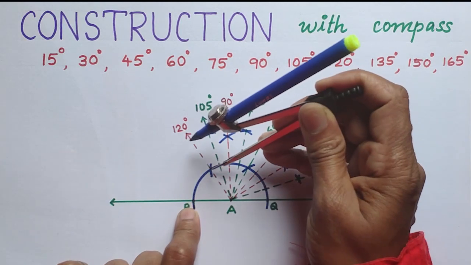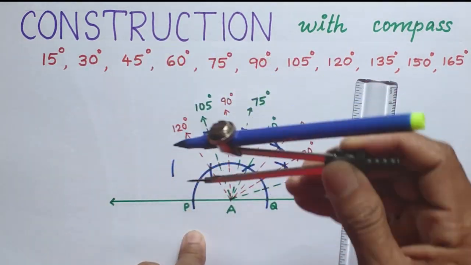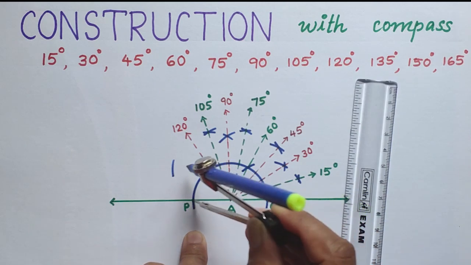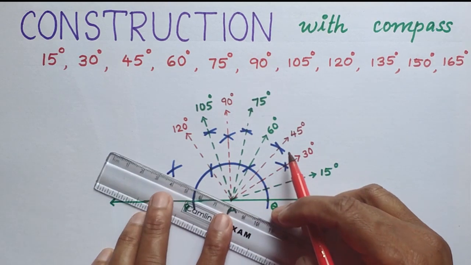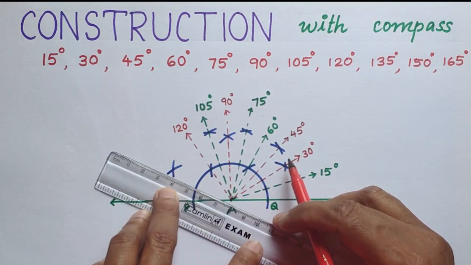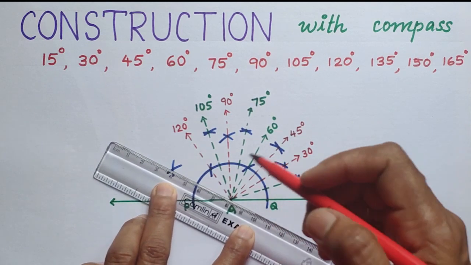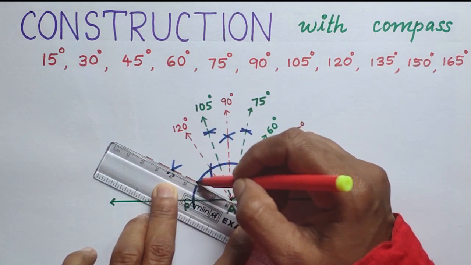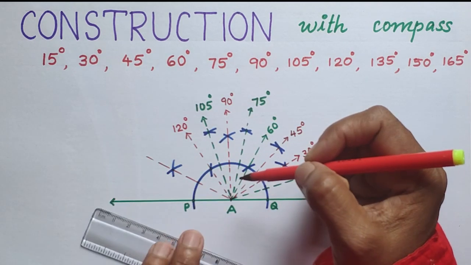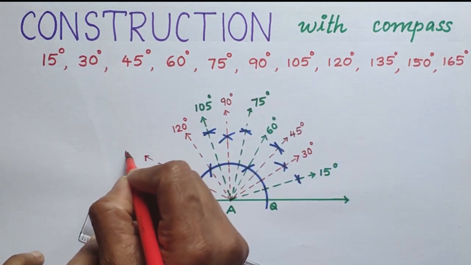So place the metal tip on 120 and 180. Angle in a straight line is 180. Join these two. This angle measure is 150 degree.